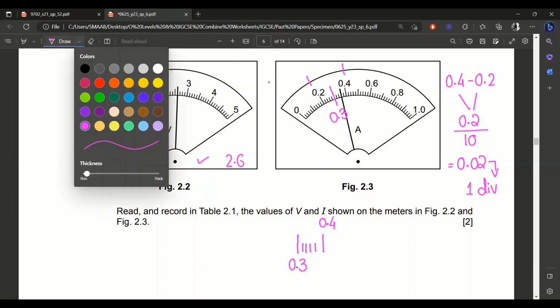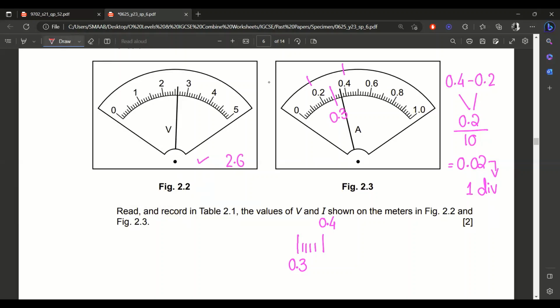So it means we are having how many divisions? Now we are having 5 divisions, and we have to divide it into 1, because 0.4 and 0.3 have a difference of only 1. So we just need to divide 1 by 5. So we will get 0.2. So each division is made up of 0.2 value.